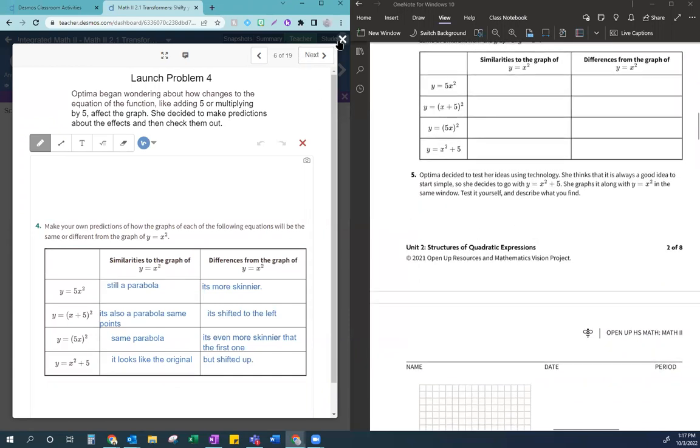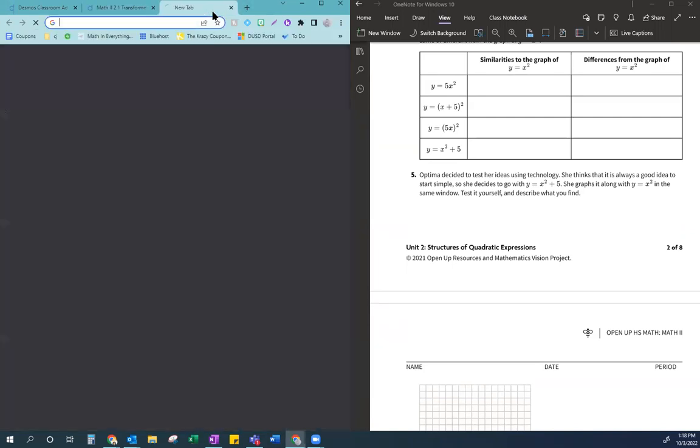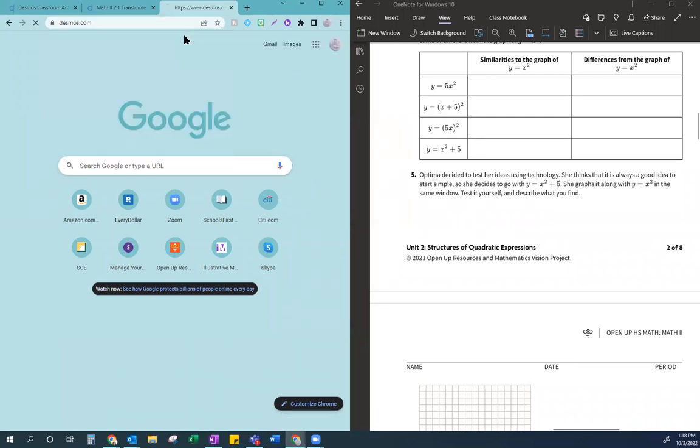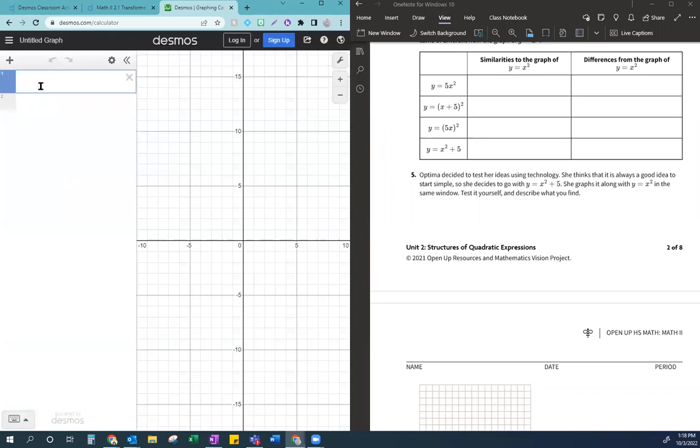So then what happens is now she's going to use technology and actually do that. So I'm going to use technology too. And I'm going to graph. She starts with x squared plus 5 and graphs it along with y equals x squared. So let me go to Desmos. And then let's graph this thing, because this is why I like this tool so much. So x squared.